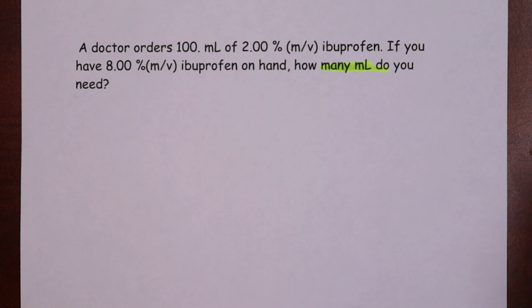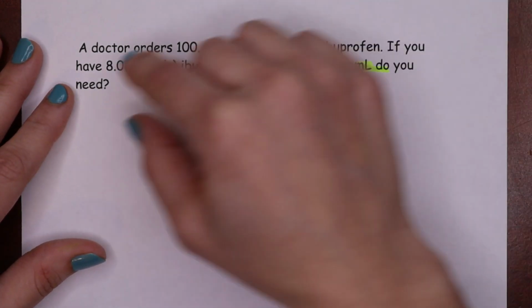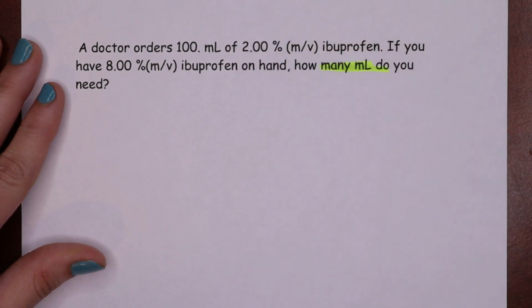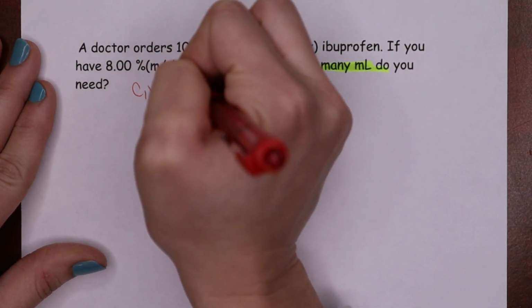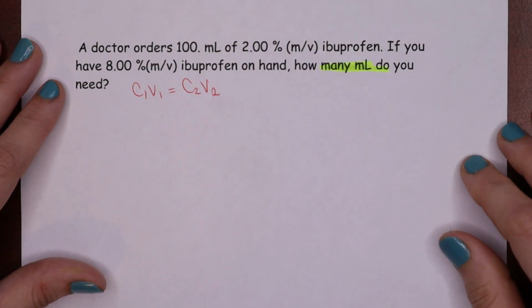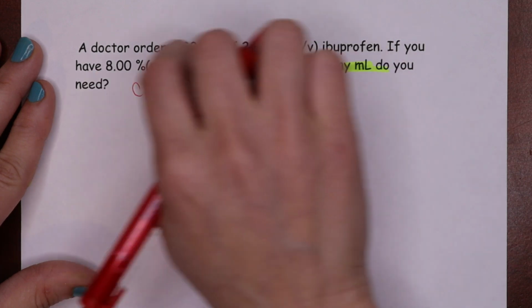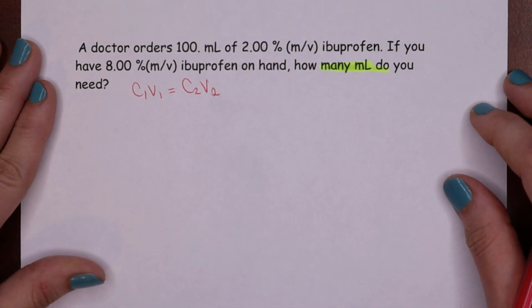So with this type of questions, every time that you have one solution and they're asking you for another solution, think about C1 V1 equals C2 V2, okay? Now that you know that this is the equation that you're going to have to use, we can go ahead and start plugging in some numbers.